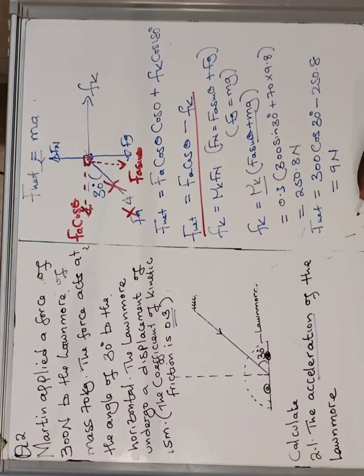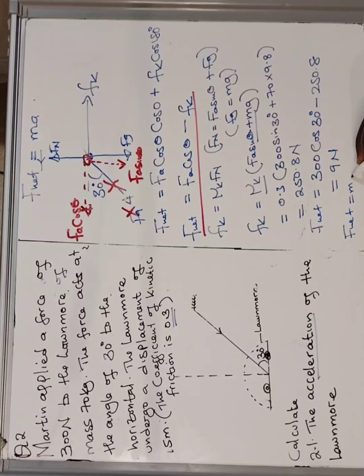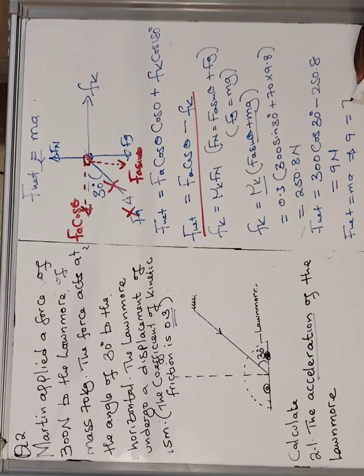When you substitute it in our primary equation, we get Fnet equals ma, where this one gives you 9, which is our Fnet, equals 70 a.